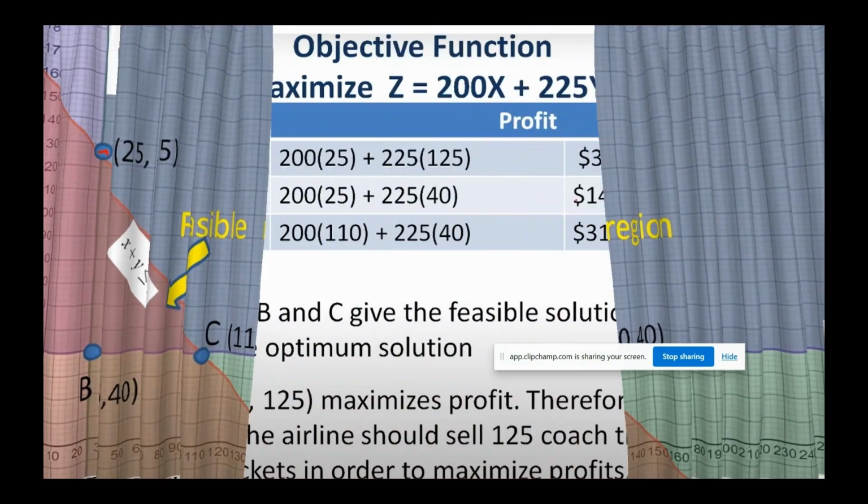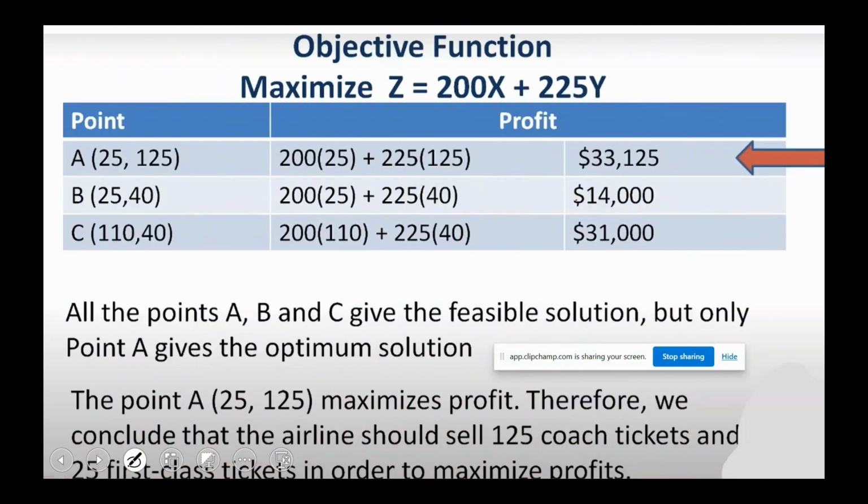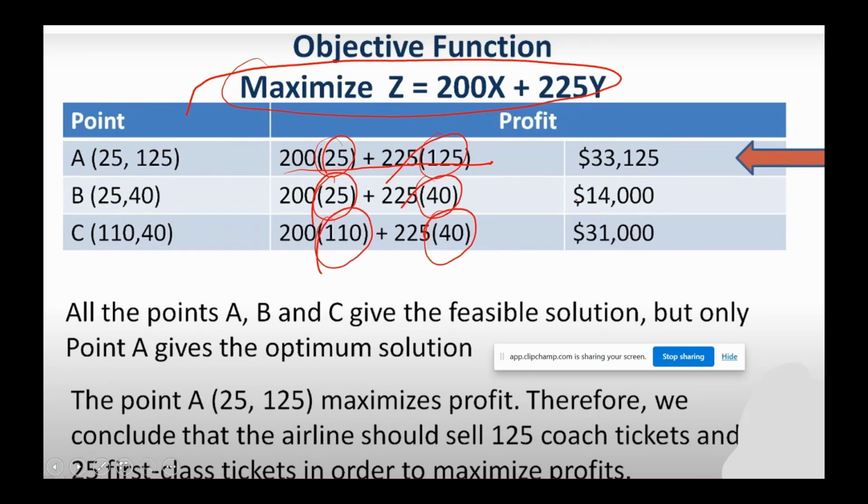So in these three, we have to find which one is the solution. How do we do that? We input the values of A, B, C in the maximum function. We have done that over here. We have put 25 and 125 over here, 25 and 40 over here, and 110 and 40 over here.